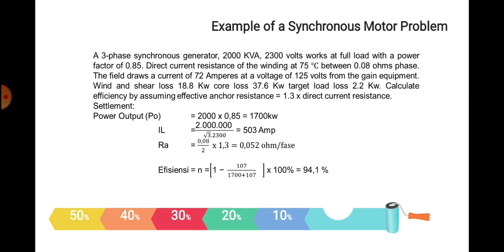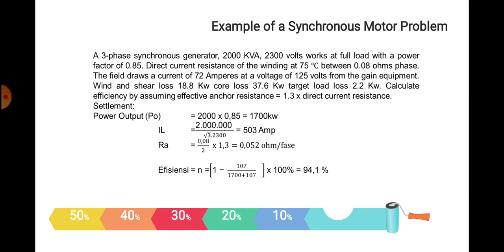The direct current resistance of the winding at 75 degrees Celsius is 1.18 ohm per phase. The field draws a current of 222 amperes at a voltage of 125 volts from the excitation equipment.